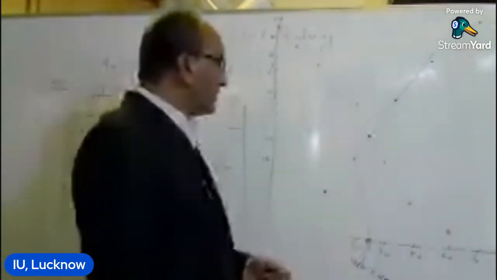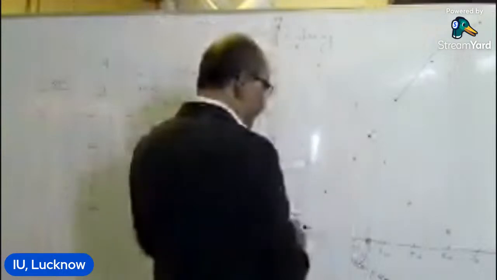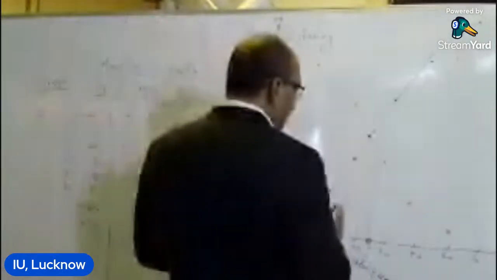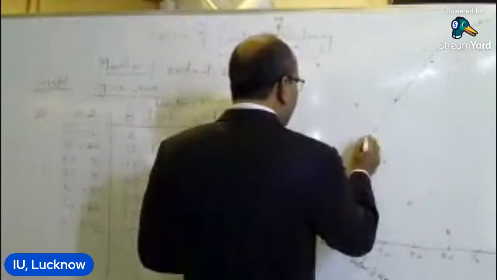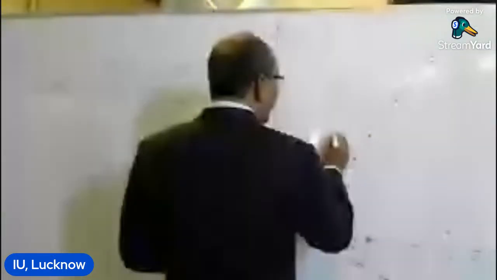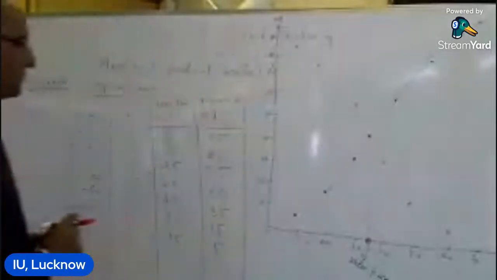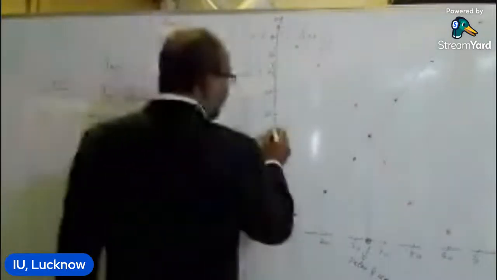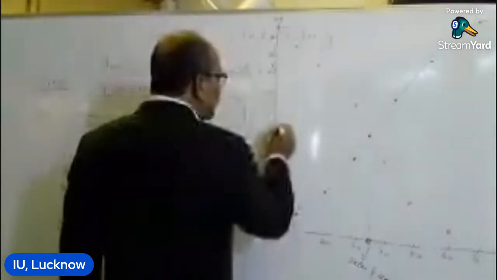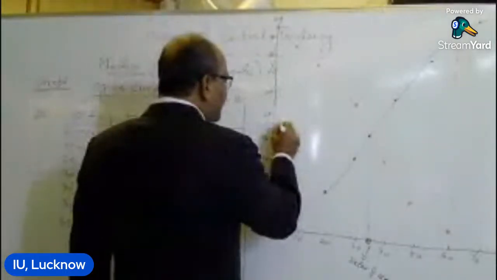And if you draw a horizontal line to the y-axis, then you find where it cuts the y-axis, and this point will be nothing but the position n by 2.